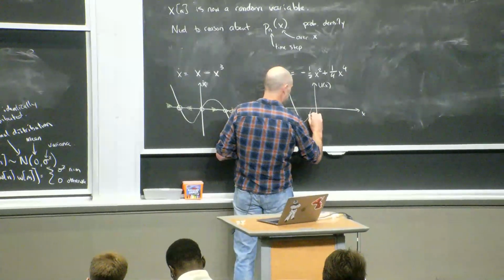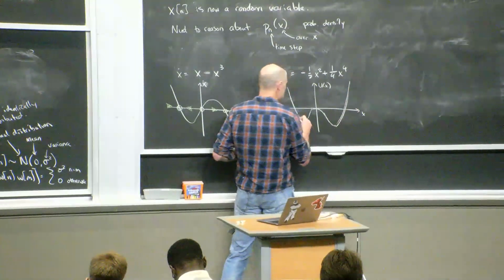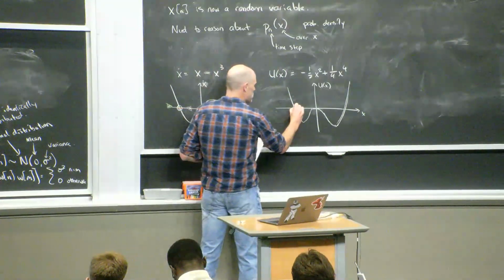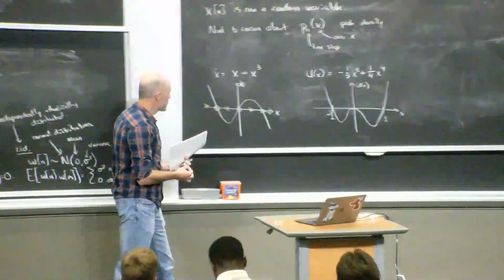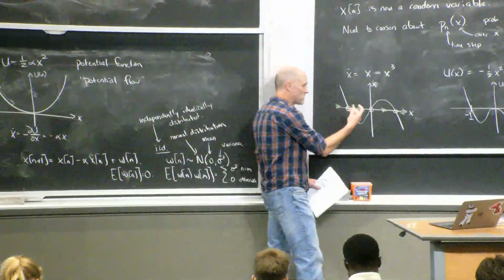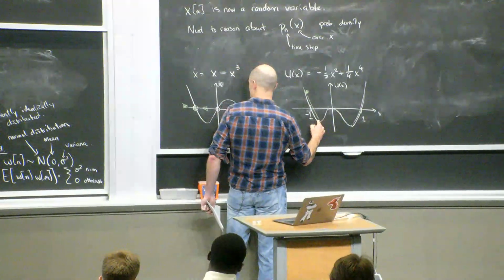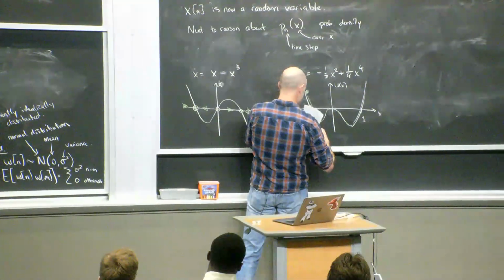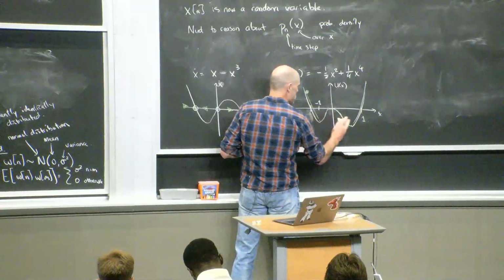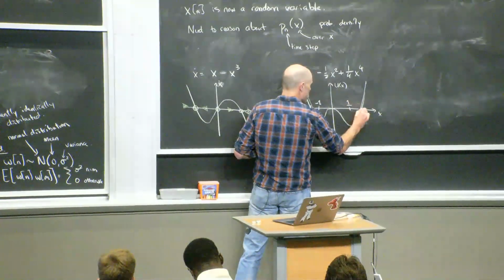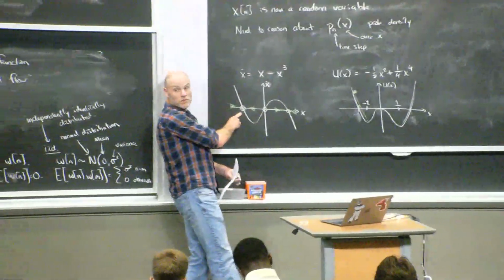This goes exactly to 0. This is U of x. This is minus 1, and 1. If I put a particle here, it's going to roll down to this fixed point, which is corresponding to converging here.